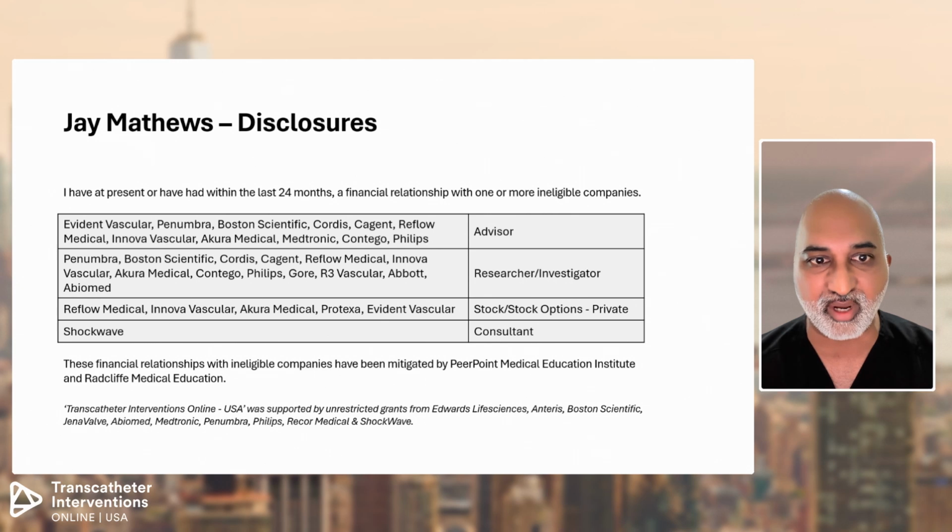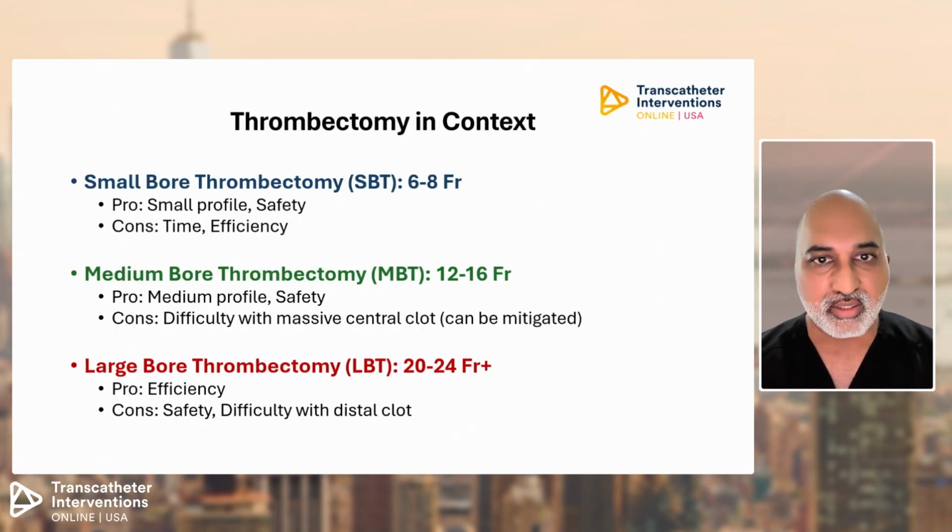I do work with a number of thrombectomy companies. So I'd like to put thrombectomy in context. We have small bore thrombectomy, which is typically the 6 to 8 French realm. It's smaller profile, it's safe, but then the cons are time and efficiency. There's medium bore thrombectomy, which I consider between 12 and 16 French.